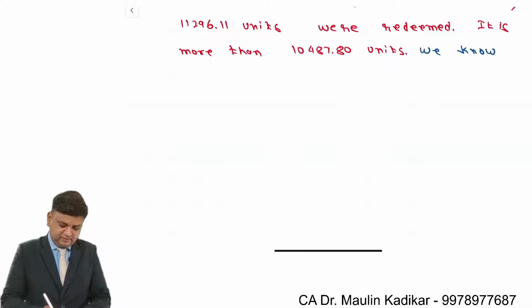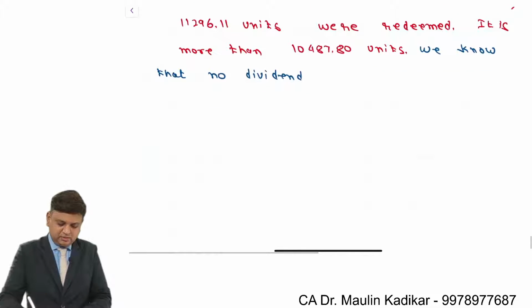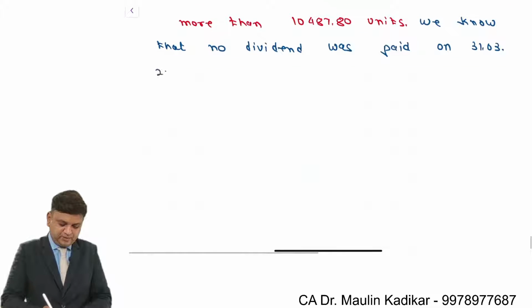Further in that write down, we know that no dividend was paid on 31st of March 2021.